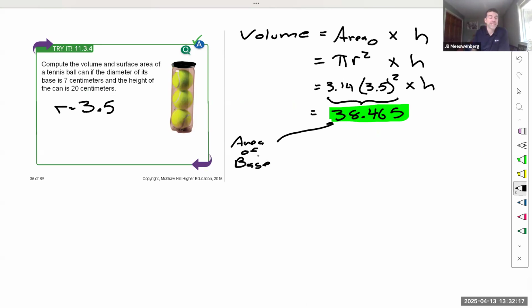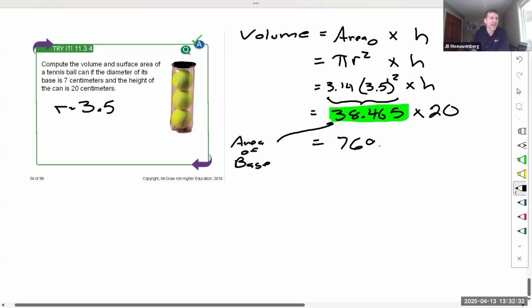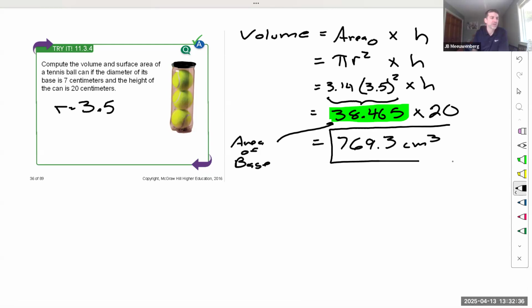Now, to calculate the volume, we also need to multiply it by the height of 20. So we will take 38.465, multiply it by the height of 20, and we get a volume of 769.3 cubic centimeters. So there's the volume of this cylinder.